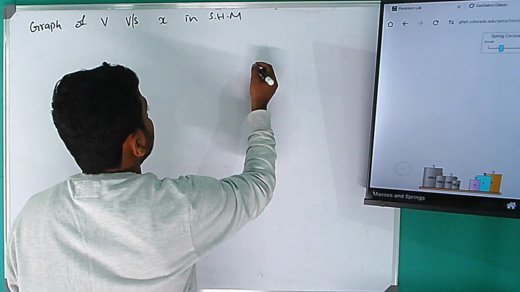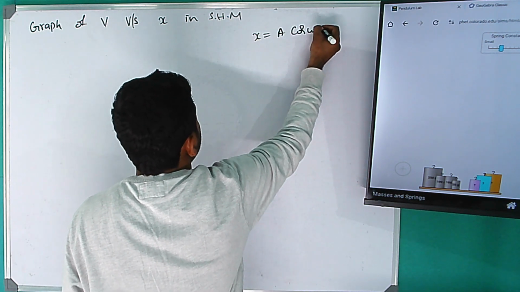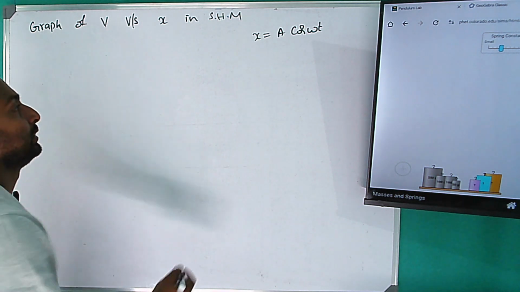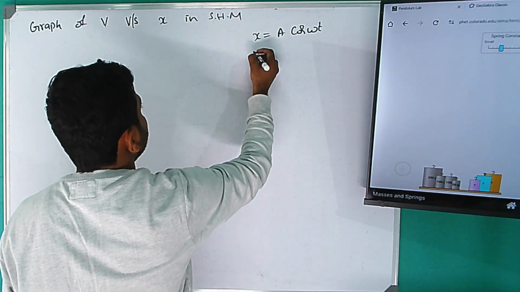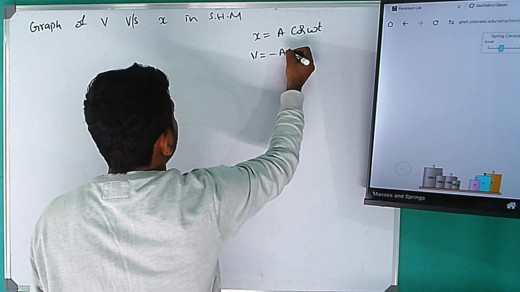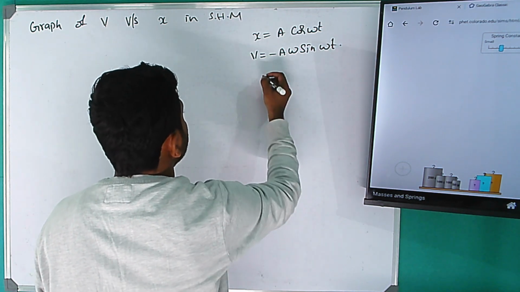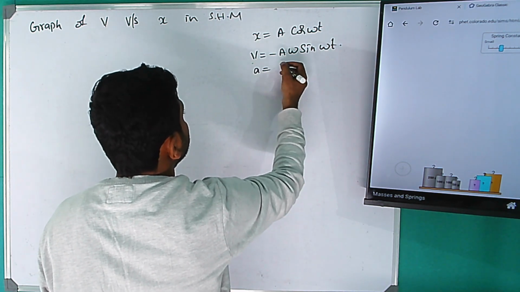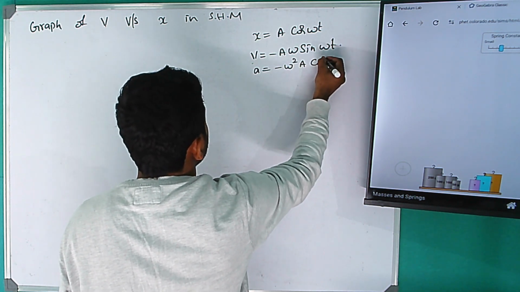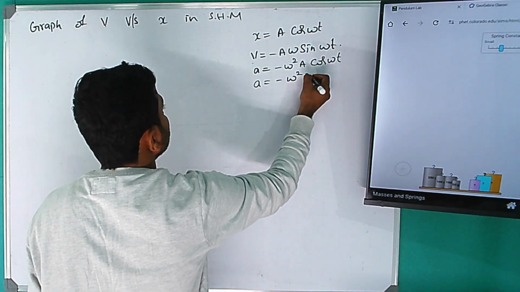Before that, let me recall the equation of displacement. x is equal to a cos of omega t. For simplicity, I am taking the initial phase as 0. So if this is the displacement equation, then the equation of velocity is given by minus a omega sine of omega t, and acceleration is given by minus omega square a cos of omega t, or a is equal to minus omega square x.